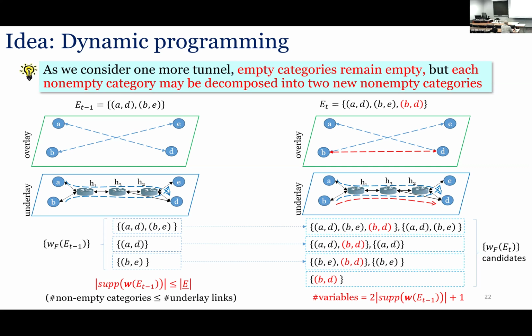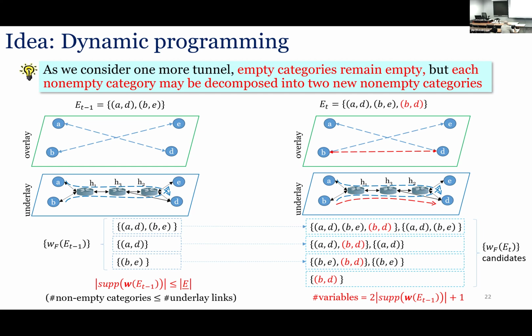This is traversed by all three tunnels, and this link is only traversed by two out of the three tunnels. You have this refinement effect. This refinement effect will partition each of the previously detected non-empty categories into at most two new non-empty categories. So you're at most doubling the number of non-empty categories in each iteration by considering one more tunnel.